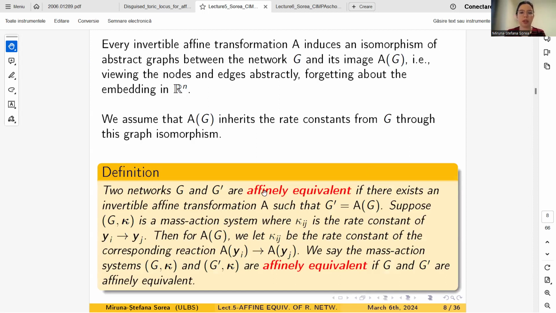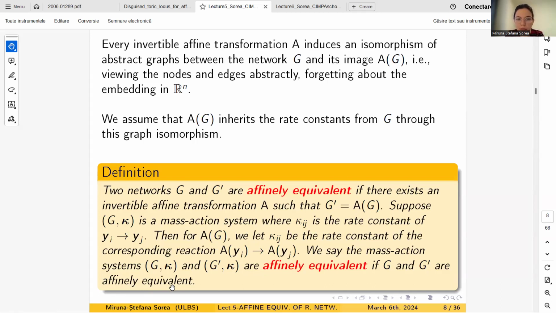We say that two networks are affinely equivalent if there exists an invertible affine transformation A such that G' is the image of G through A. And I'm just saying here that we keep the rate constants k decorating the edges. Then we say that these systems are affinely equivalent if the graphs are affinely equivalent.